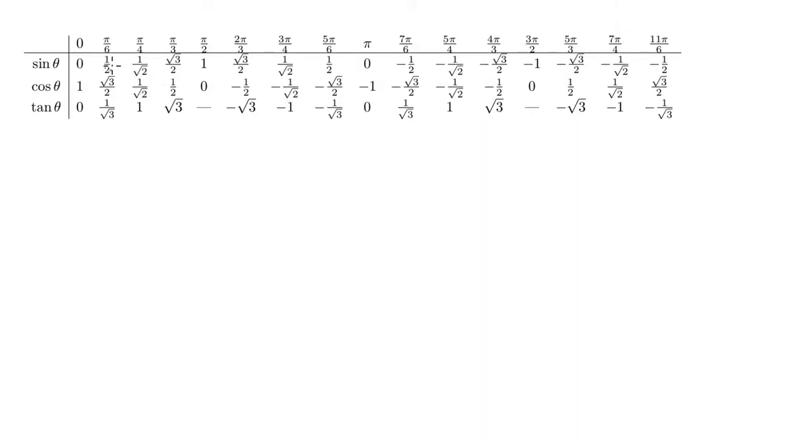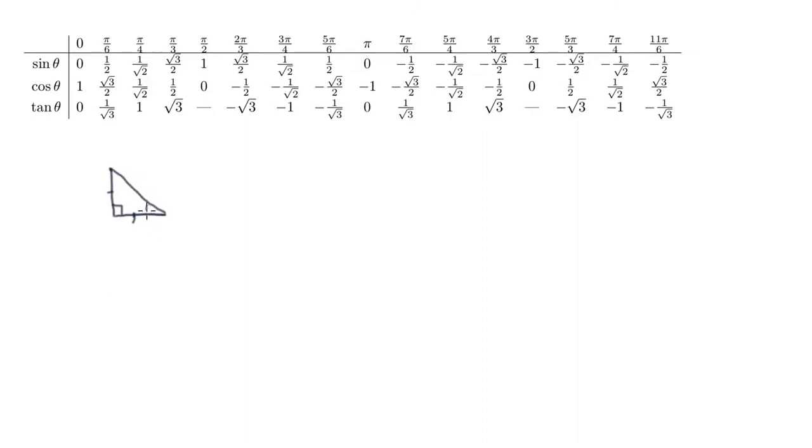You may ask, okay, well, where does pi over 6, pi over 4, pi over 3, 3 pi over 4, 7 pi over 6, what's so special about these angles? Well, they're actually coming back from 45, 45, 90 triangles and 30, 60, 90 triangles. So if you remember, if you have a right triangle where these two sides are congruent, so these two angles are congruent right here, this is called a 45, 45, 90 triangle.